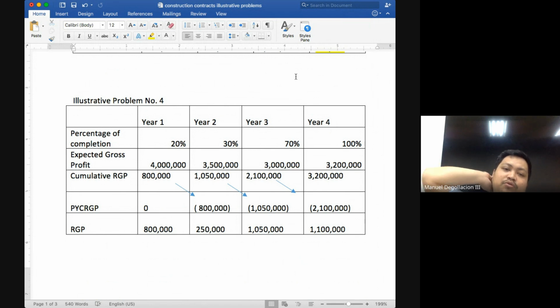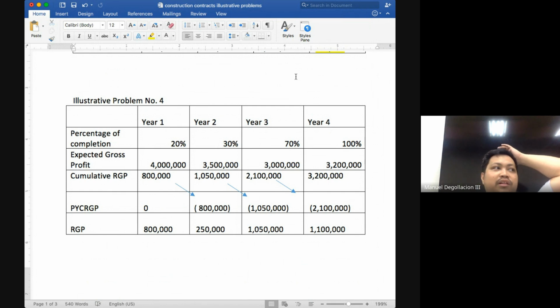Let's proceed to year 2. Okay. Year 2. Percentage of completion, 30%. Expected gross profit went down. It's now 3,500,000. Okay. What's the possible reason? Why is your expected gross profit now lower, class? The total estimated construction cost must have gone up.